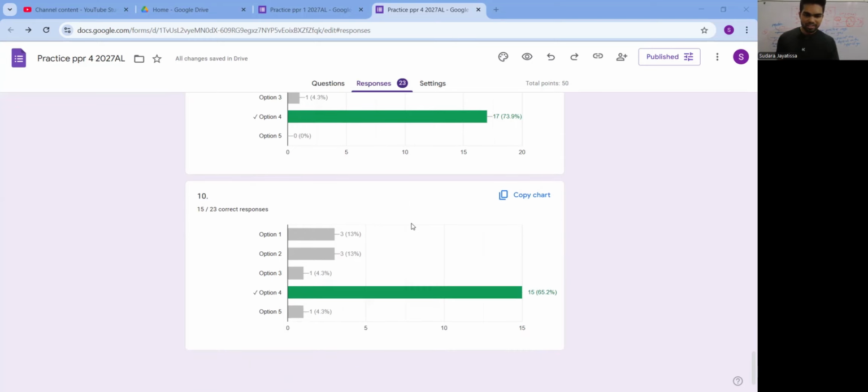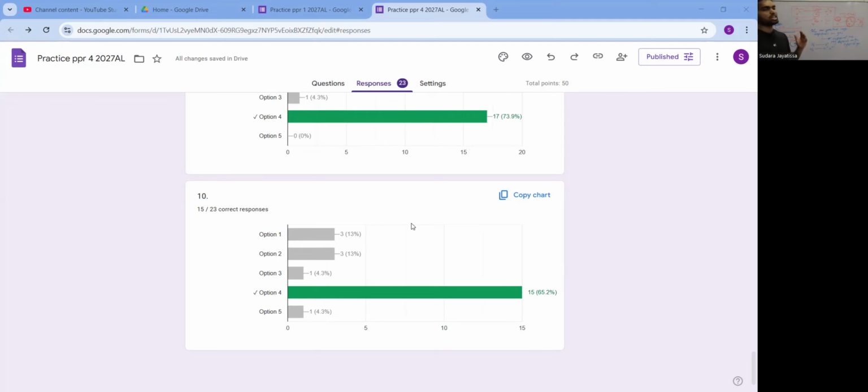And the last one, 15 got the correct answer. Some of you have selected 1 and 2 as well. That means out of the 23 students' answers, 6 have taken the first one as true. That is wrong. So study that. That's a good point, you can focus on that. Because when gamma emission happens, nothing changes.